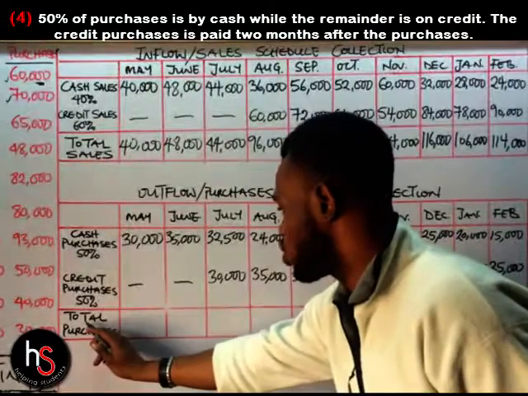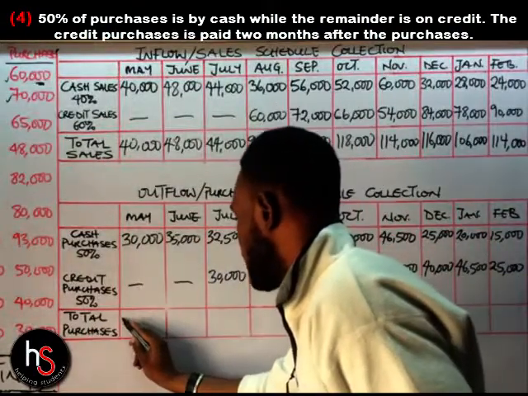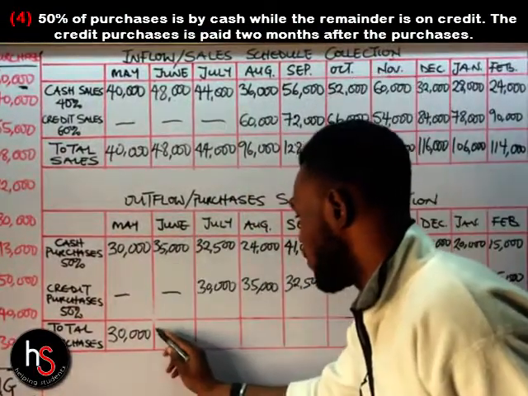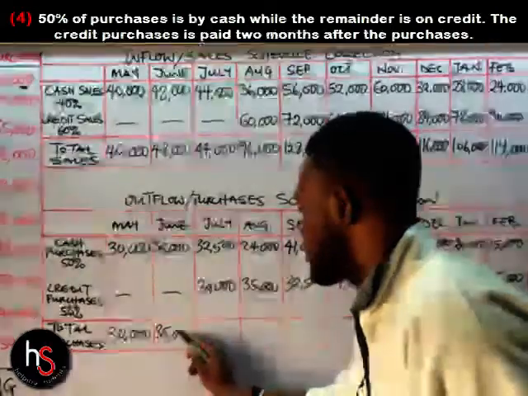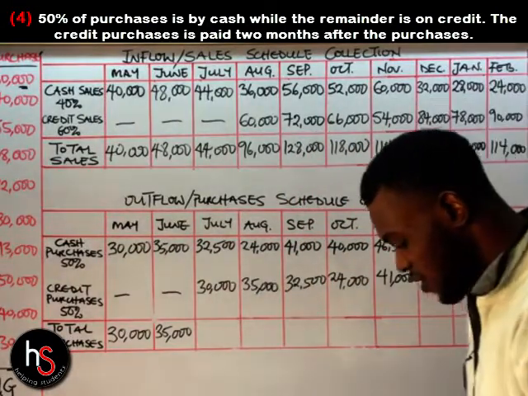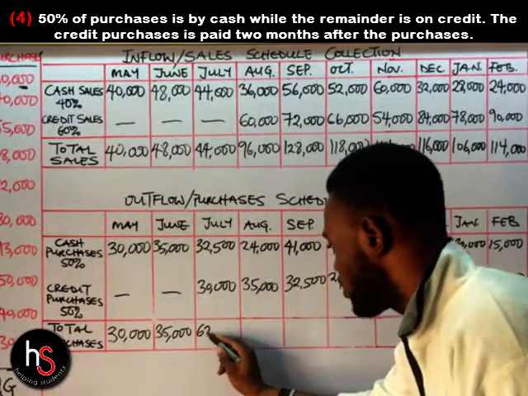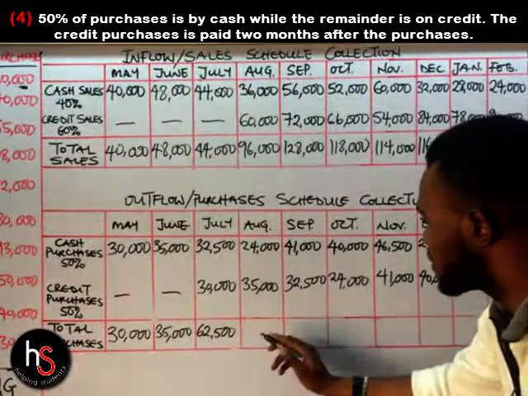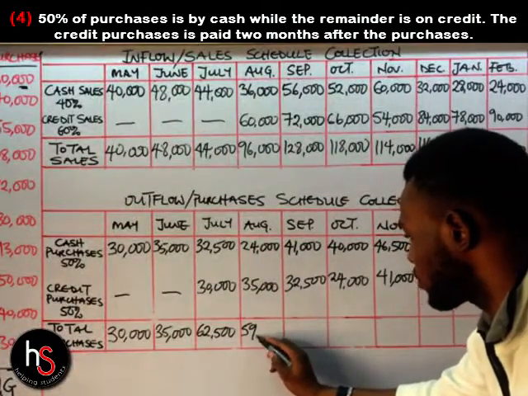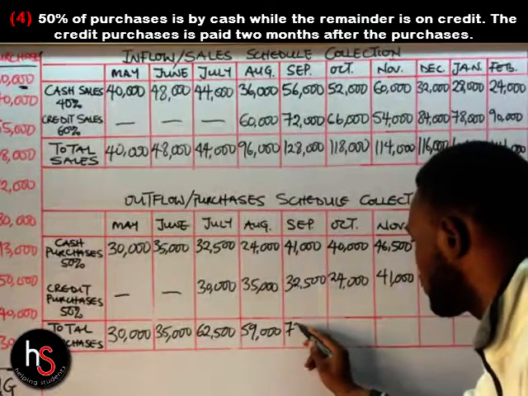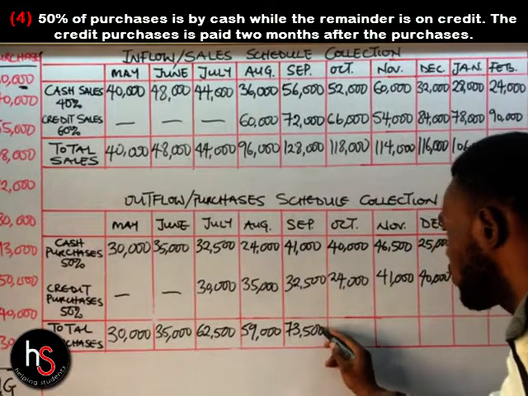Now the total purchases. We have 30,000 here. We have 35,000. This is the summation. The summation is what we're doing here. Here we have 62,500. Here we have what? 59,000. The next one we have 73,500.